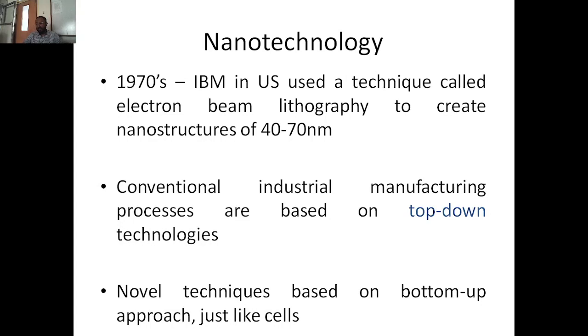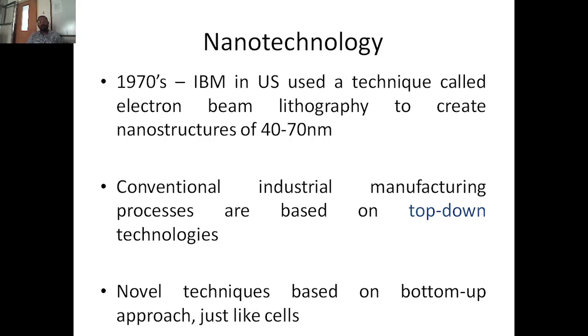In the 1970s, IBM used electron beam lithography to create structures ranging from 40 to 70 nanometers, which came under nanostructures. Later, in 1974, when the term was coined, they were usually called ultrafine particles. Now we consider them nanostructures of 40 to 70 nanometers.